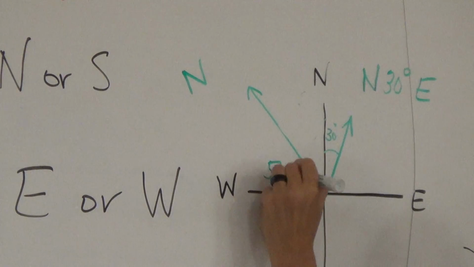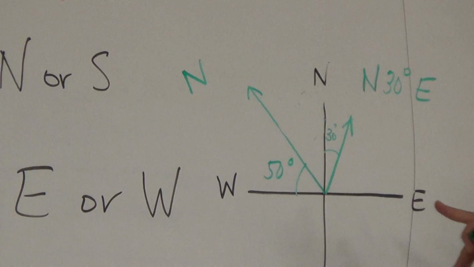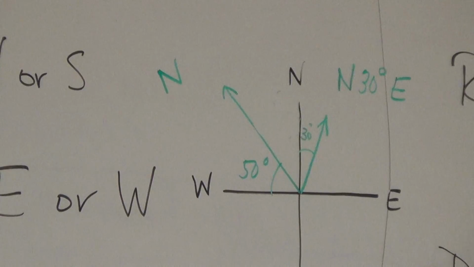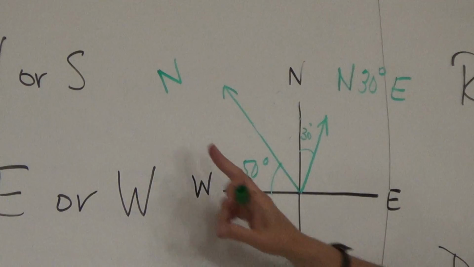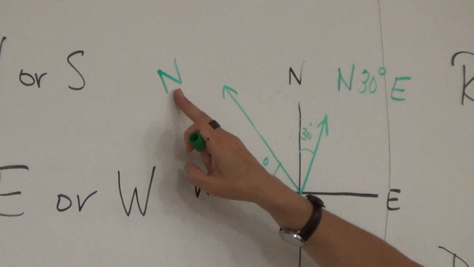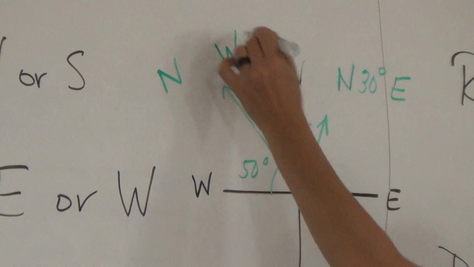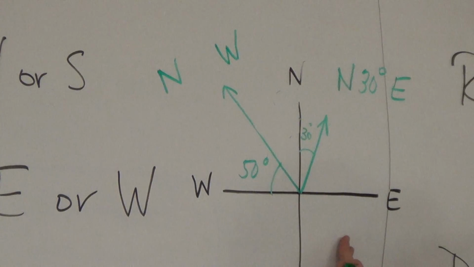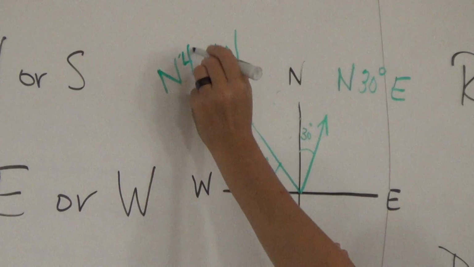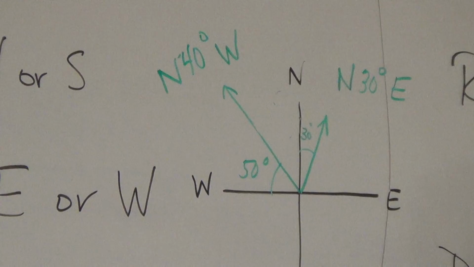I'm going to put the 50 degrees here. Everybody change that? Where I put the 50 degrees? So it's referenced from the north. Is it going towards east or west? And how many degrees is it going towards the west? 40 degrees, because the angle is from the reference line.